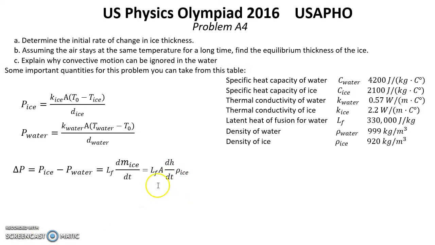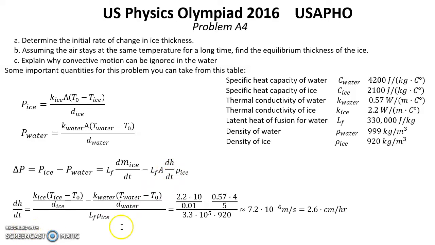After that we can find dH over dt. That will be this expression. Here we see that P ice is much greater than P water, so we can neglect it. And finally we have approximately this rate, which is about 2.6 centimeters per hour. This is the answer for question A.